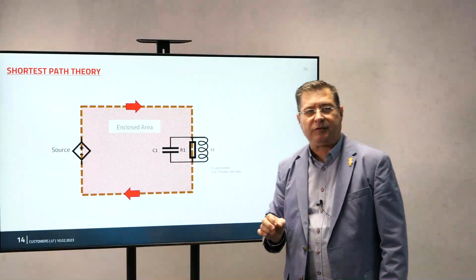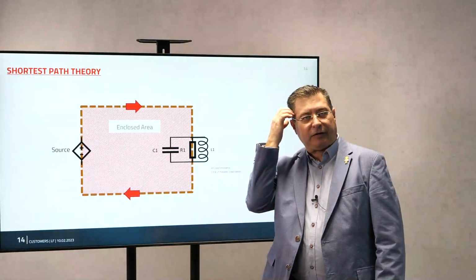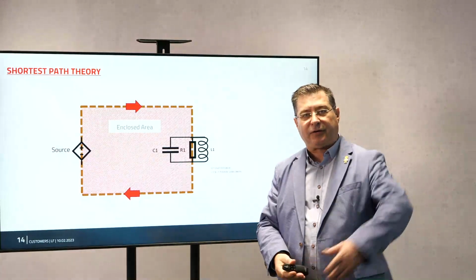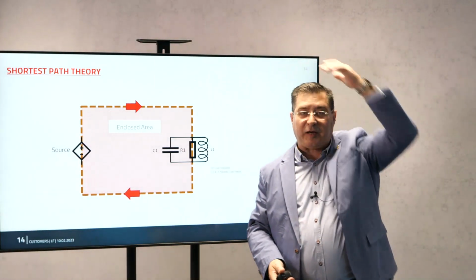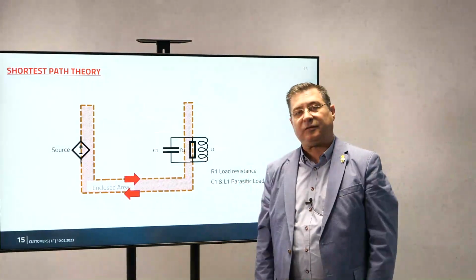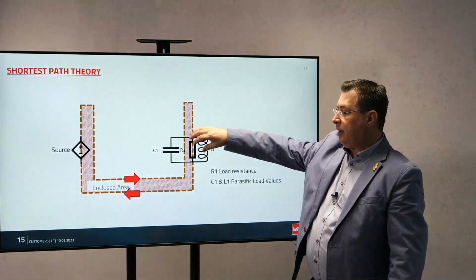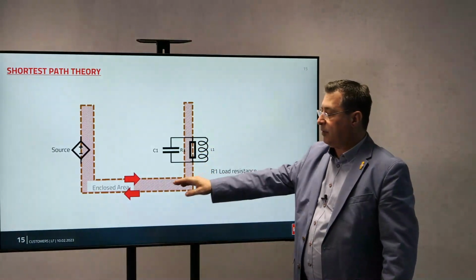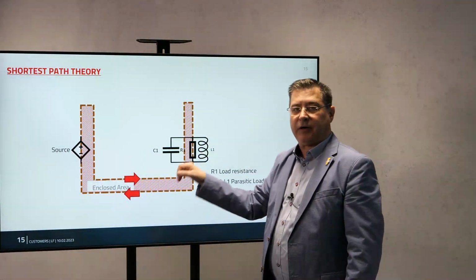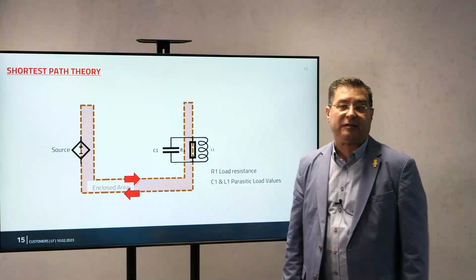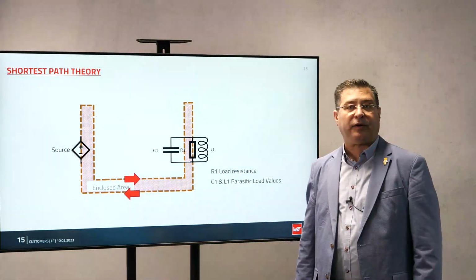It's like when you're scratching your head, you can scratch like that, or you can scratch like that, and you have the same effect. Same in EMC. You can try to reduce this enclosed area, even if it's not the shortest path, but you have less enclosed area in the noise path, and then you have less EMC problem. Try that in your next design.